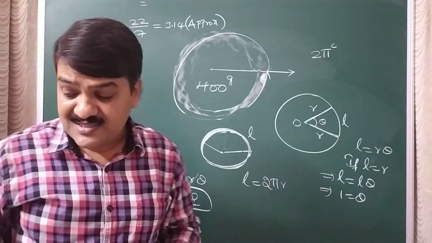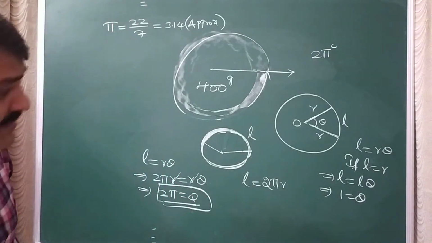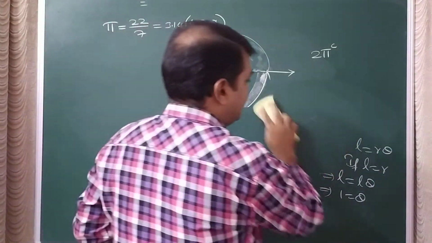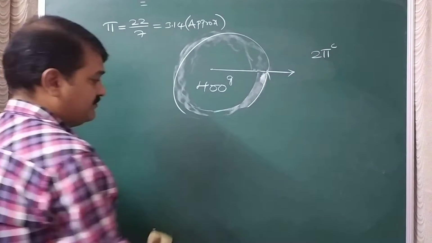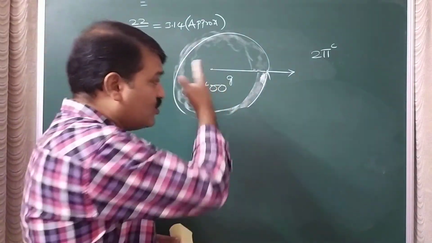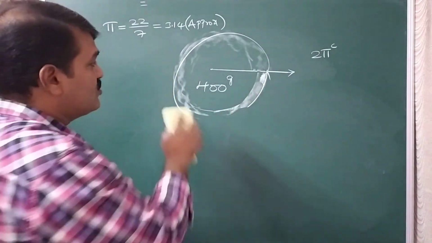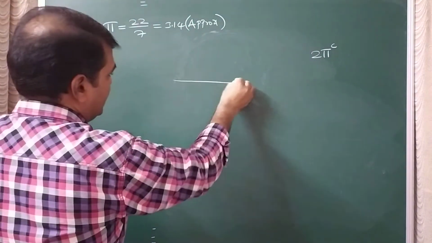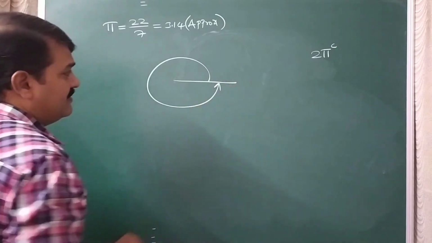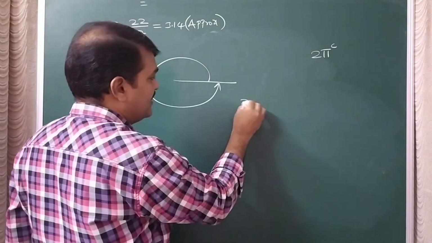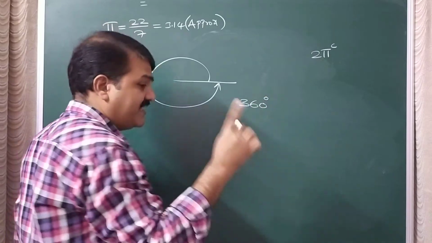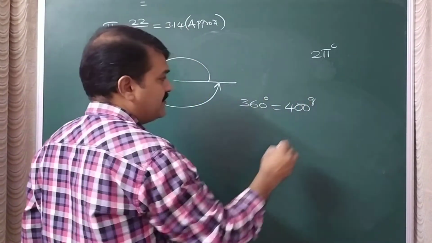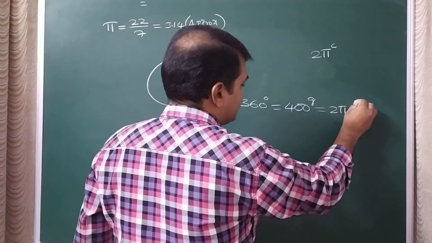Okay. So let us link all these systems: radian measure, grade measure, degree measure. I will link all these through one complete circle. So if I take one complete circle, it is equal to 360 degrees in degree measure, 400 grades in grade measure, and 2 pi radians in radian measure.